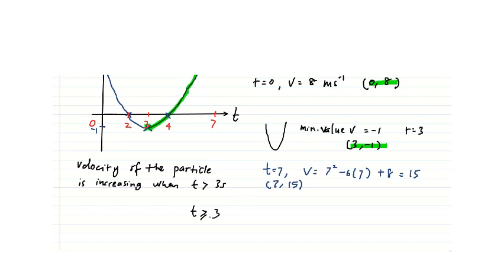Why don't we start from 3? Increasing starts from more than 3. The velocity when t equal to 3 is minimum, not increasing yet. It starts to increase when t is more than 3. So now we finish question number 15.